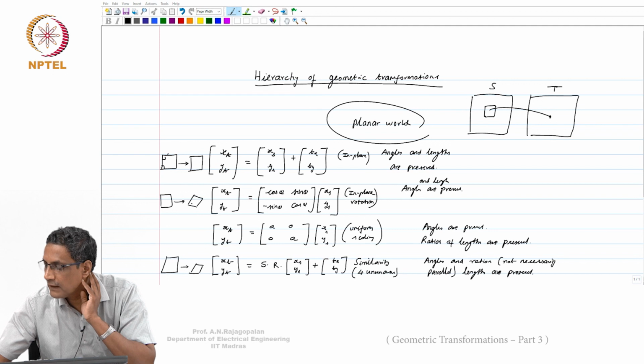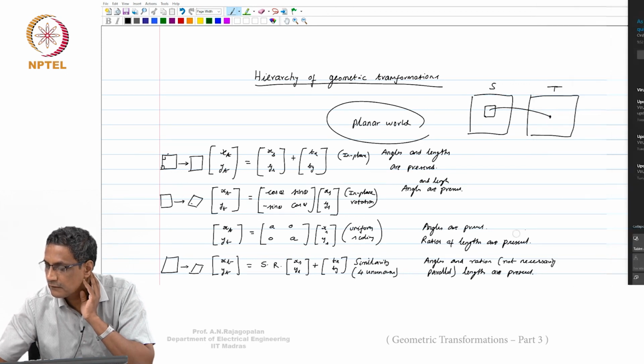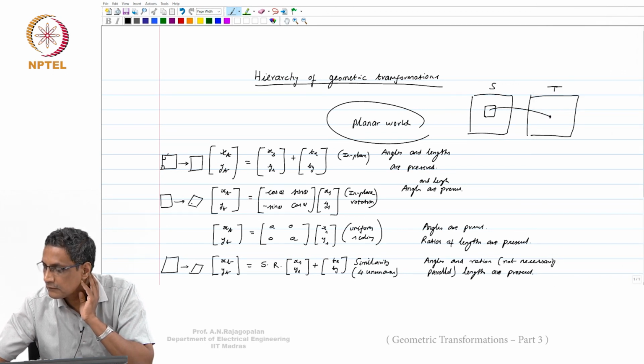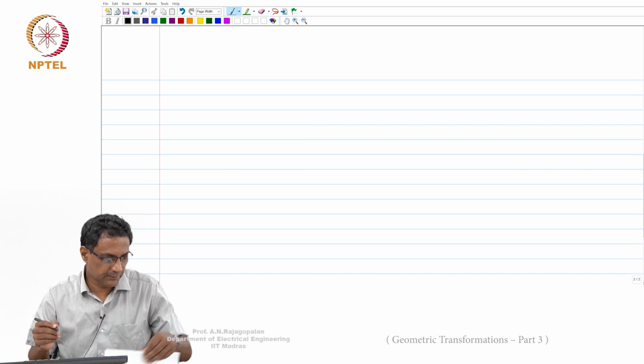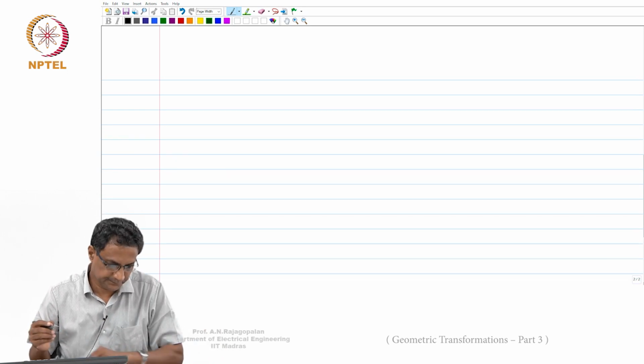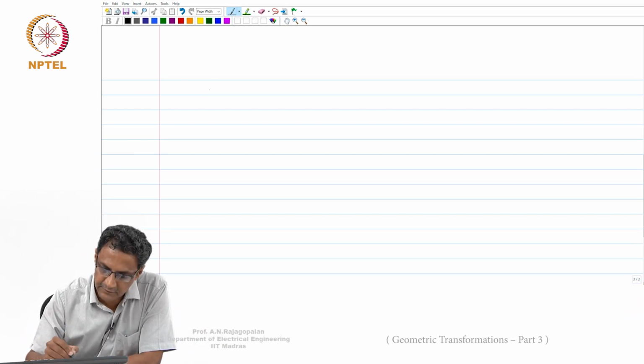You can go above that, to what's called an affine. The next one up the hierarchy is what's called an affine transformation, and that will look somewhat like this.